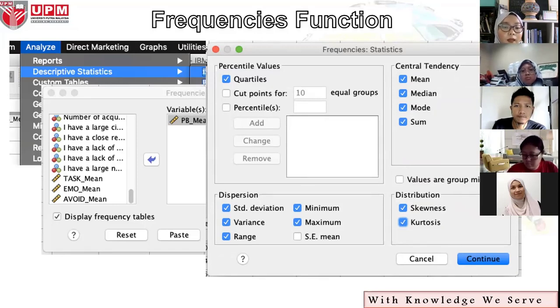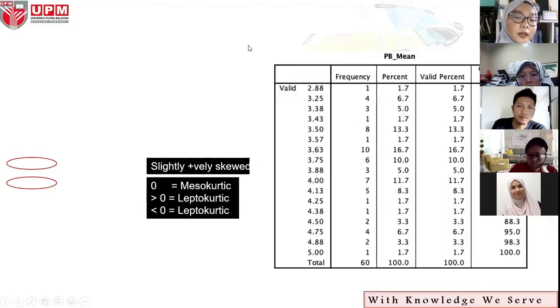For percentile values, let it be on quartile. Central tendency: mean, median, mode, sum. Dispersion: tick all except standard error of mean. Distribution: tick both skewness and kurtosis. Done? Then click OK.